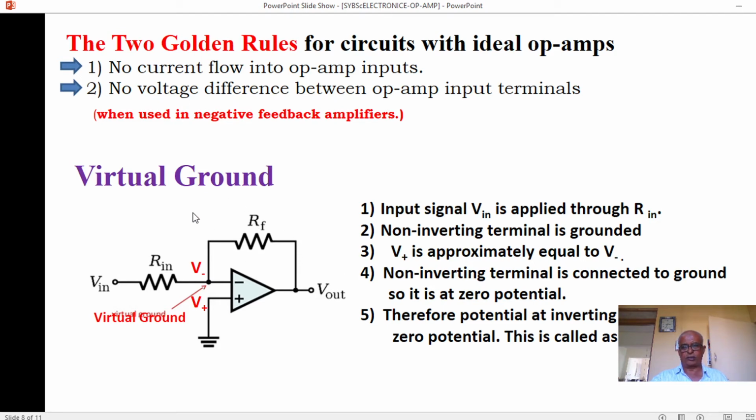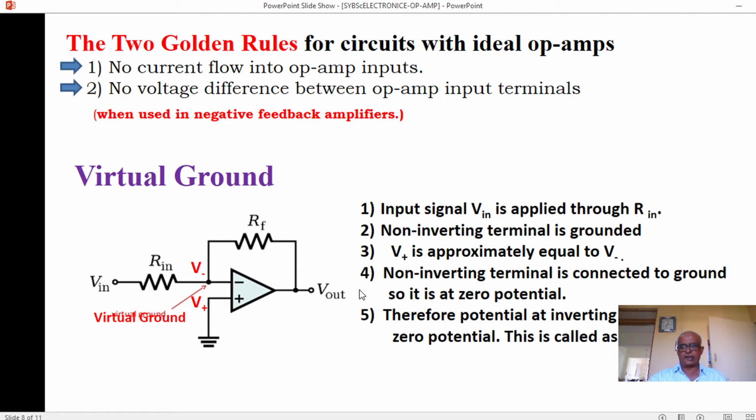So the important points: the non-inverting terminal is connected to ground, input V in is connected through the series resistance R in to the inverting terminal, and feedback RF is connected between the inverting terminal and the output. So this is the circuit to explain the virtual ground property.